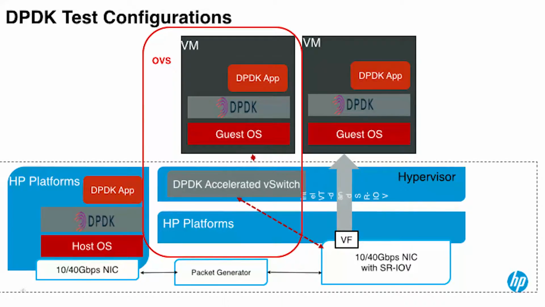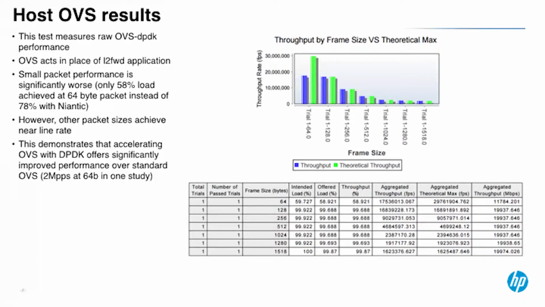So what we're just starting to get into now is the Open vSwitch testing using the OVS DPDK netdev. All I've really got to show today is just the host OVS results, which is measuring raw OVS DPDK performance, similar to the host-based L2 but using the accelerated Open vSwitch in place of the L2 forward application.